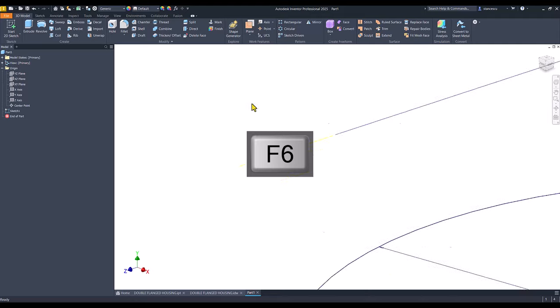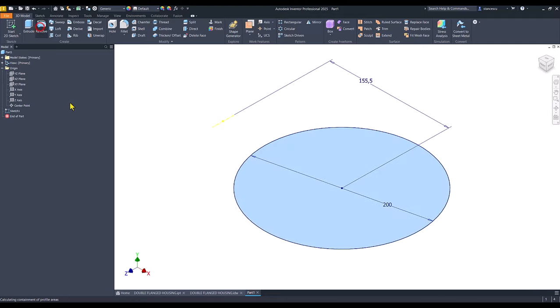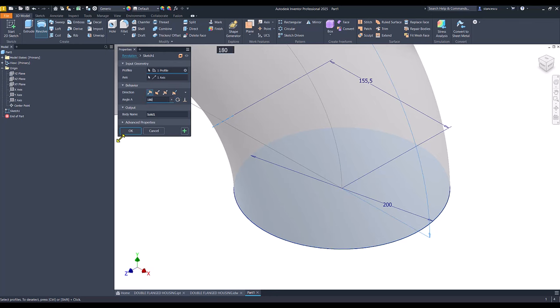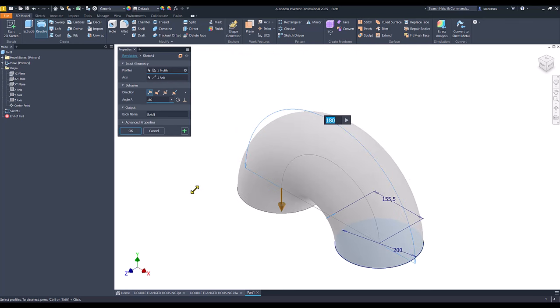Finish sketch, revolve 180 degrees to have this half of a torus.